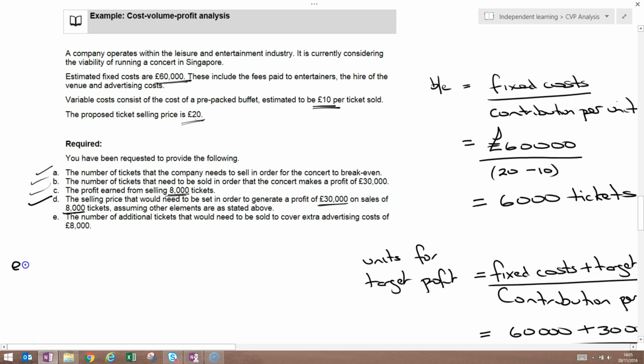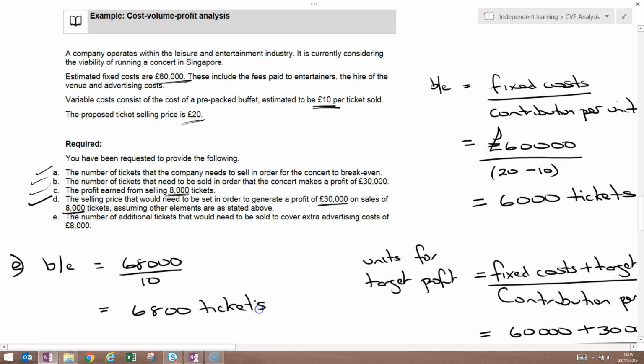So if I do this over here, part E, so the break-even will now be £68,000 of fixed costs divided by the contribution per unit, which is 10. Remember, that's your selling price minus your variable cost. So that gives us a break-even of 6,800 tickets.